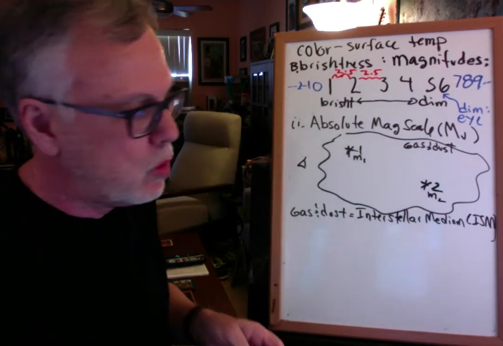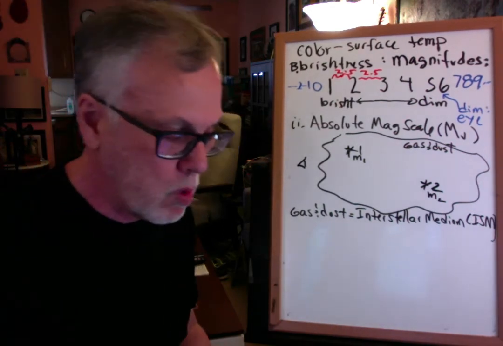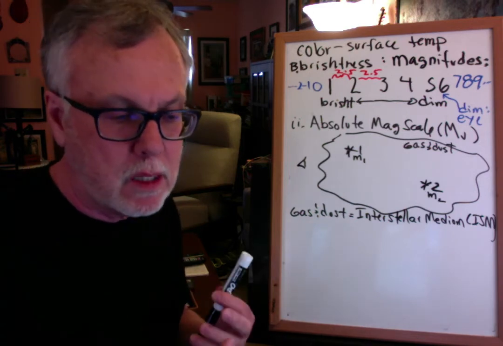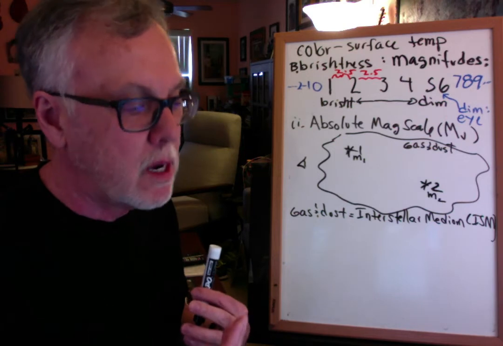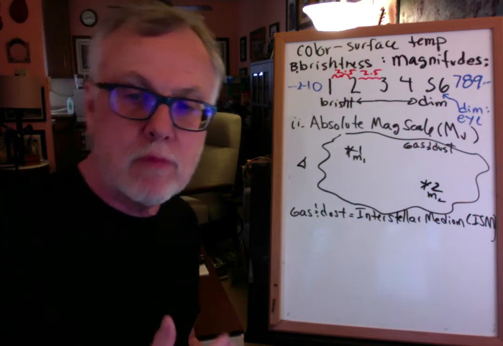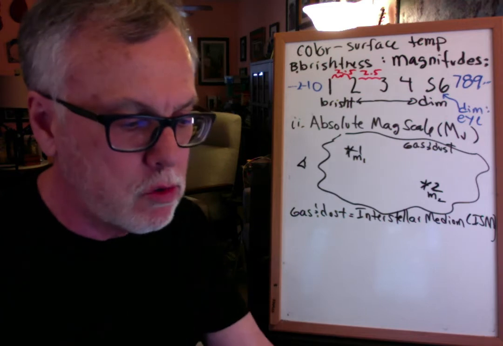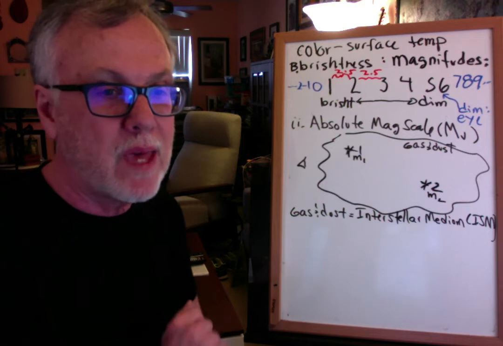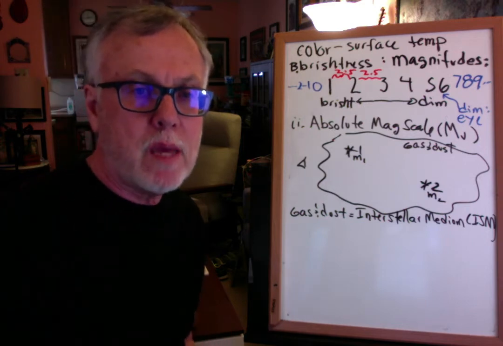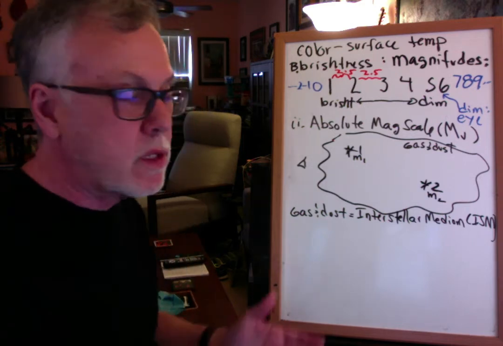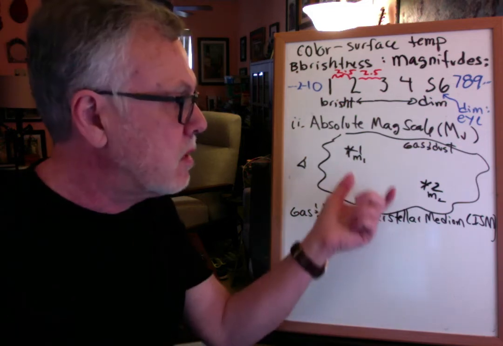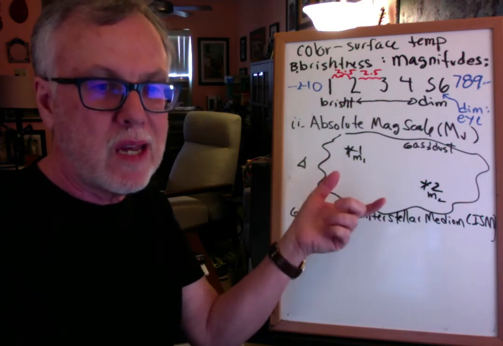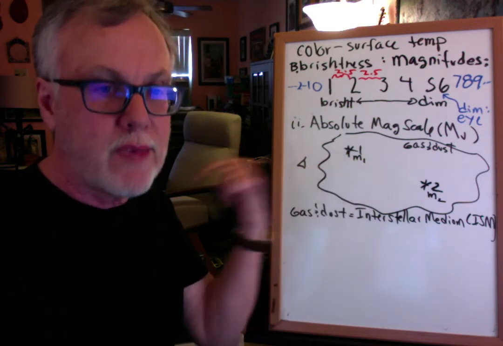And so one of the things we want to understand is, number one, just how thick is that ISM in our space and that within our galaxy, and how does it reduce the light of a star? So these are big areas that we study and we still have a lot to learn about that. But let's say by different means we can subtract the effects on the brightness of the stars because of the gas and dust, and therefore adjust their brightnesses or their magnitudes to get rid of that gas and dust.